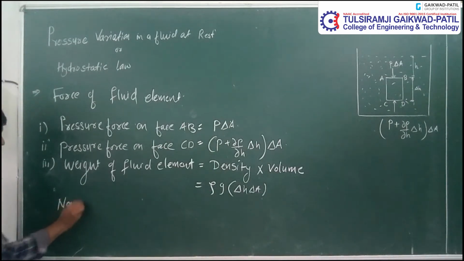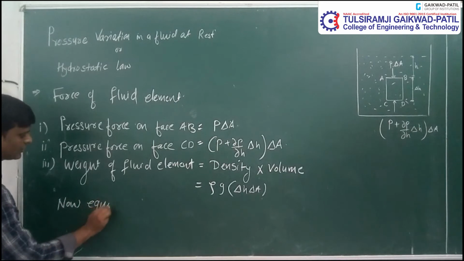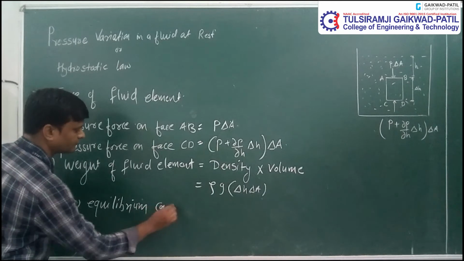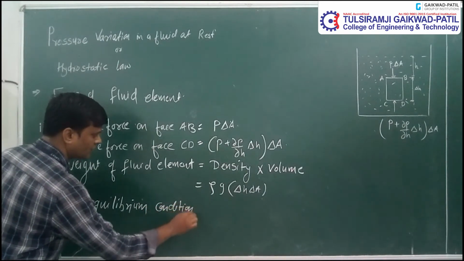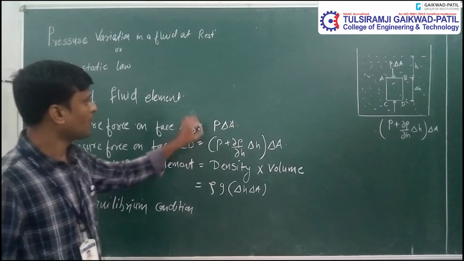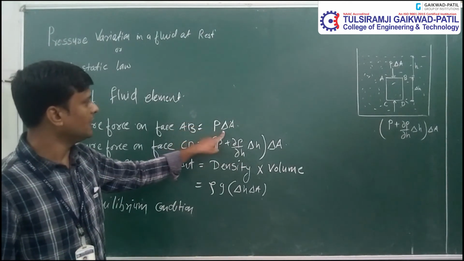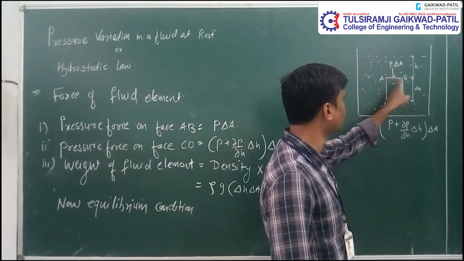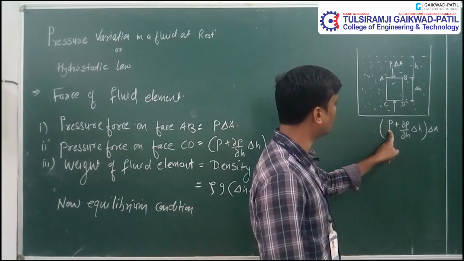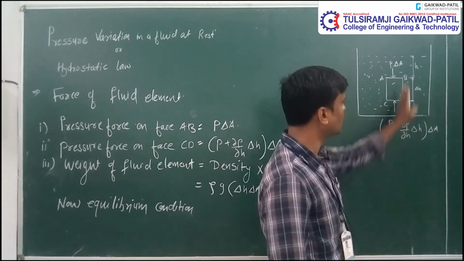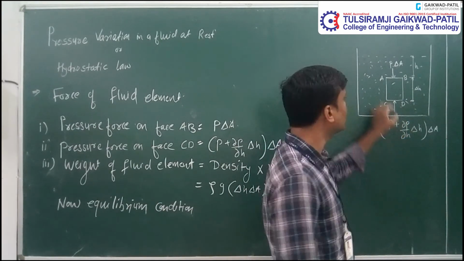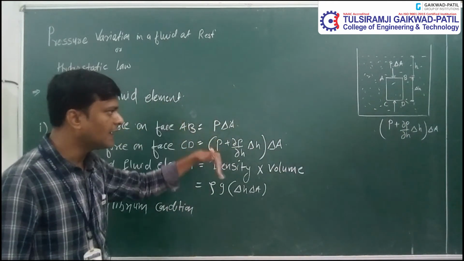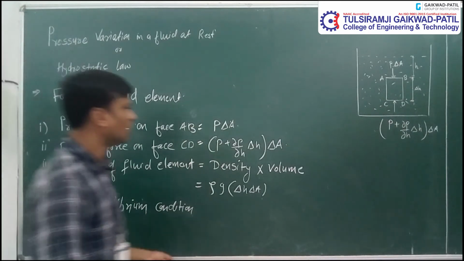Now for the equilibrium condition, we can see here, this is the force P into delta A which is acting vertically downward on face AB, and this is the force which is acting vertically upward on face CD, and simultaneously the weight of the fluid element is again acting vertically downward.